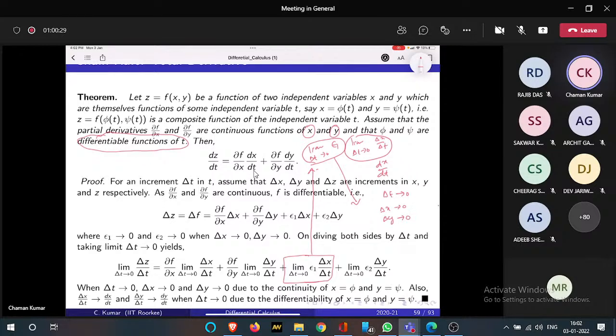So this limit can be written as, instead of delta t going to 0, delta x and delta y going to 0, the limit of epsilon 1. And epsilon 1 goes to 0 because f is differentiable, from the definition of differentiability. So you get 0.